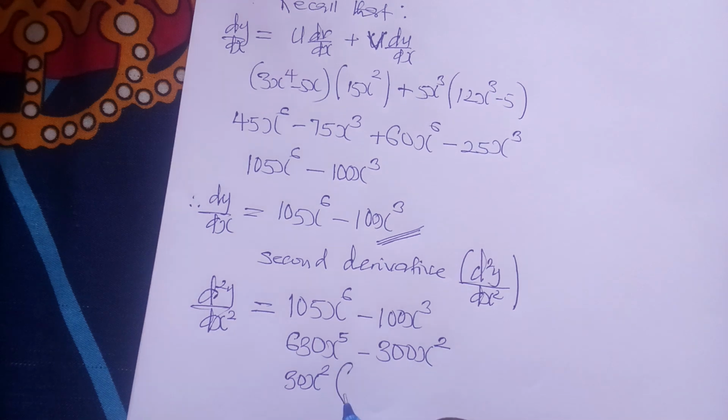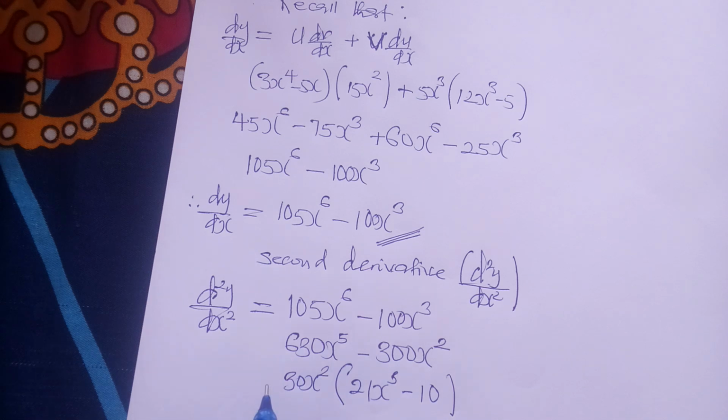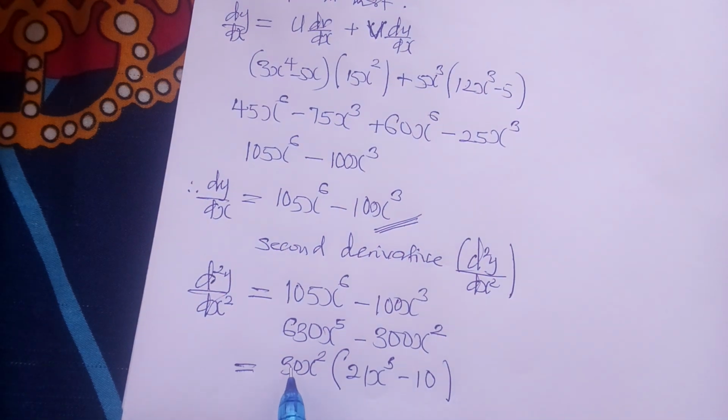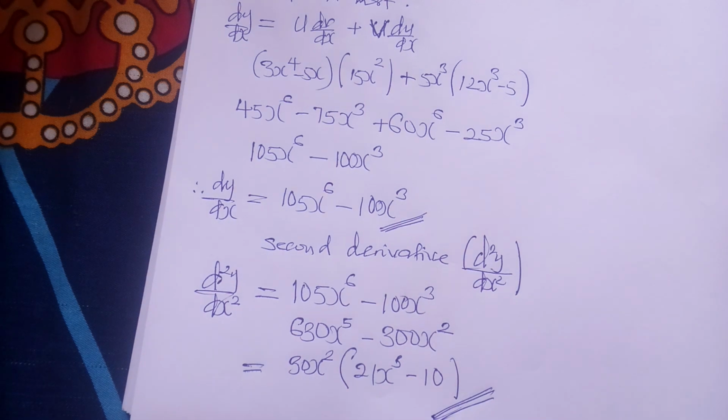Then factorizing, what remains here is 21x raised to the power 3 minus 10. So you have factorized respectively. So therefore our d square y upon dx square becomes 30x squared into 21x cubed minus 10 respectively. So this is what we have to find in respect to this problem that we are given.